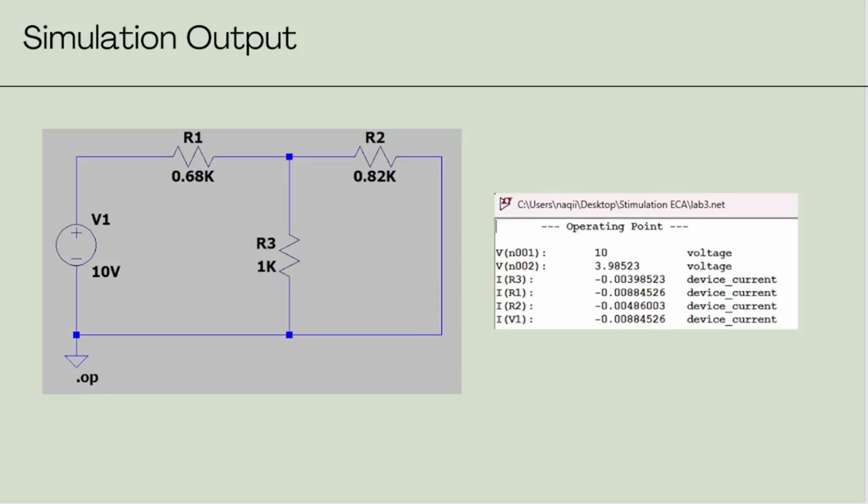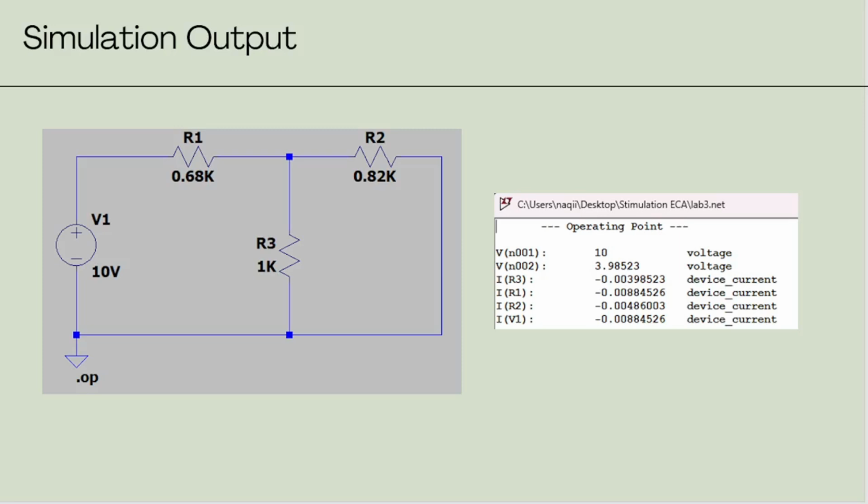Next, we go to the circuit where we take out V2, the 12 volt, and only have 10 volt, and read the result in amperes as well. The result from the simulation is R1 negative 0.08, R2 negative 0.04, and R3 negative 0.03.